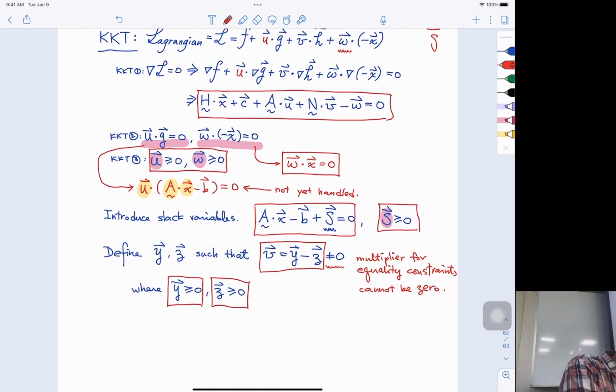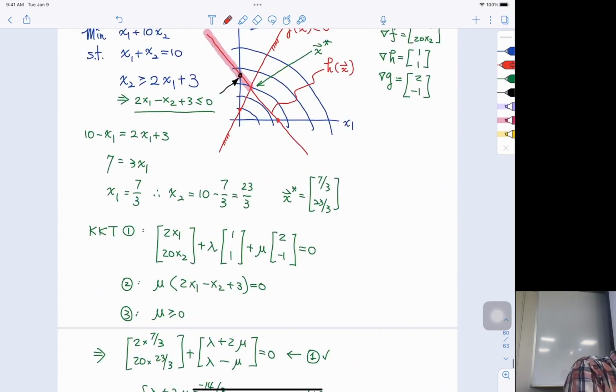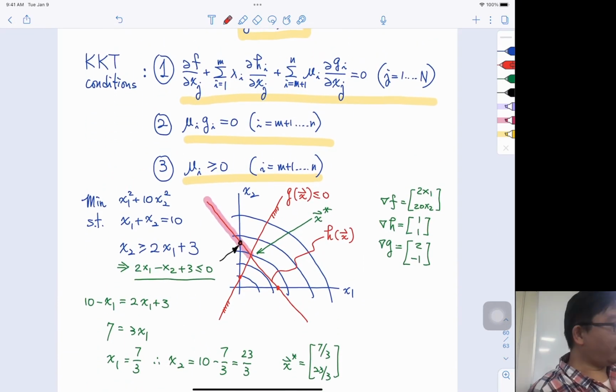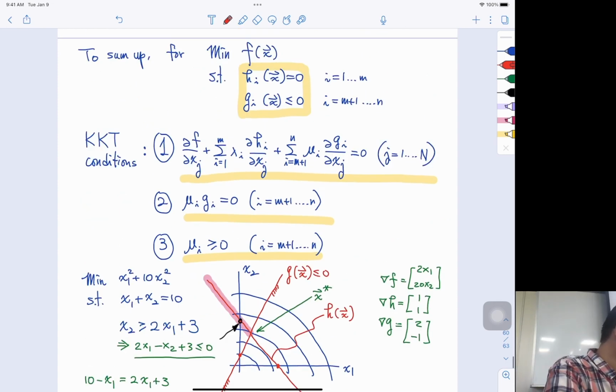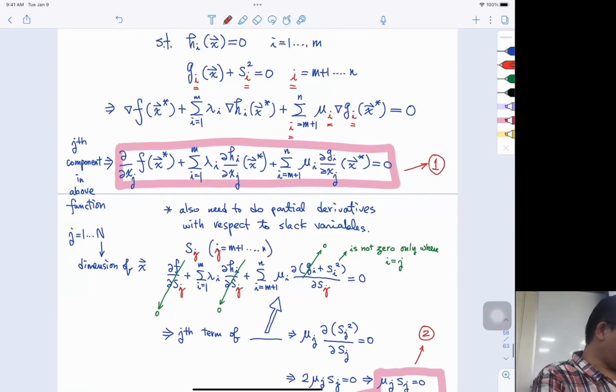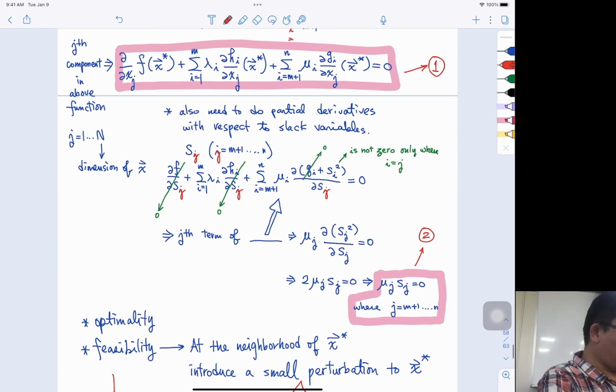Now, when we introduce slack variables, remember earlier, in our Lagrangian formulation, when we do partial derivatives, we would forget to take the derivative with respect to our slack variables. Earlier we added that part of the derivation where we found mu s equals 0, the red box number 2.